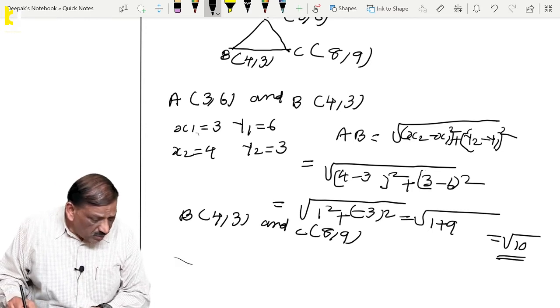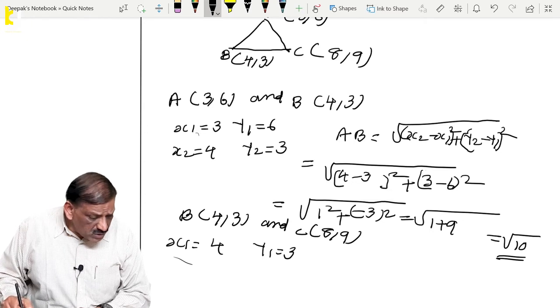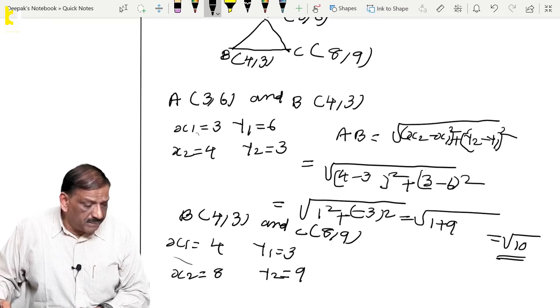Therefore, x1 equals 4, y1 equals 3, x2 equals 8, y2 equals 9.